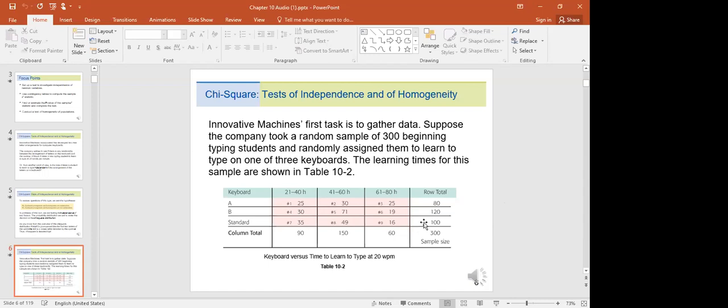So within the cell, we have the number corresponding to each type of keyboard and the length of time it took to learn the typing. For example, if we are here at the middle, it means 71 people learned how to use keyboard B to type in a range between 41 and 60 hours.